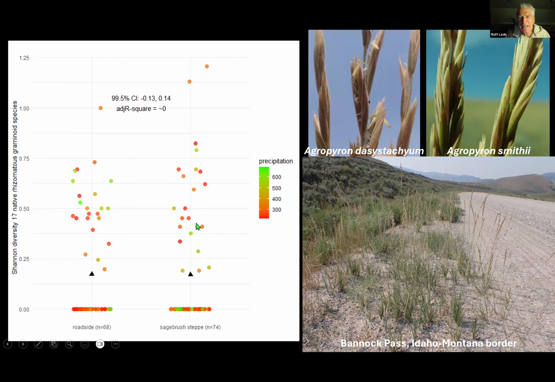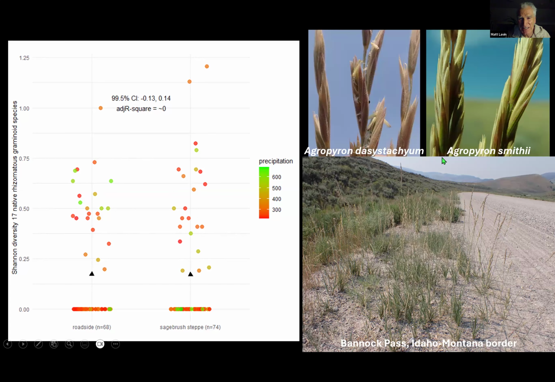They don't differ in their diversity between roadside and sagebrush steppe, but overall they're hardly present in sagebrush steppe where diversity is high. The two most common native rhizomatous graminoids were thick spike wheatgrass and western wheatgrass.